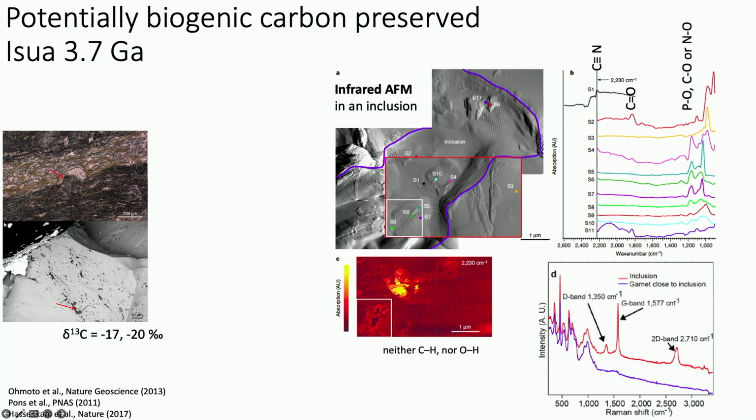In the Isua rocks, there's also been some potentially biogenic carbon identified, 3.7 billion years old. From the isotopic signature, the light carbon signature, but also, like for the former samples, going into the samples, looking for inclusions, doing some infrared spectroscopy here with different resolutions.